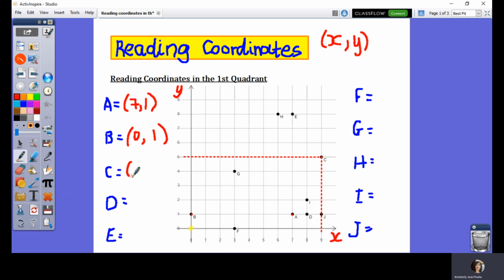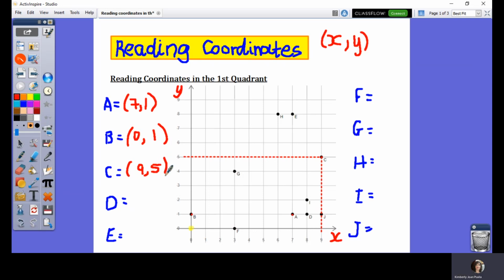The first number should be taken from the x-axis. My point C touched 9 on the x-axis, therefore it had moved 9 spaces to the right. Now, what is touching the y-axis? The C point is touching 5 here. Therefore, the location of C is 9 to the right and 5 up. And there you have your answer.